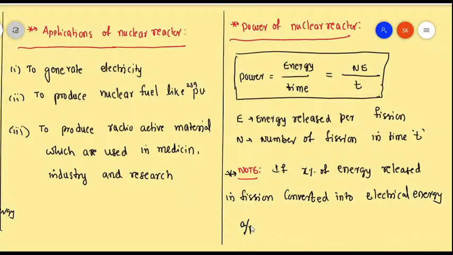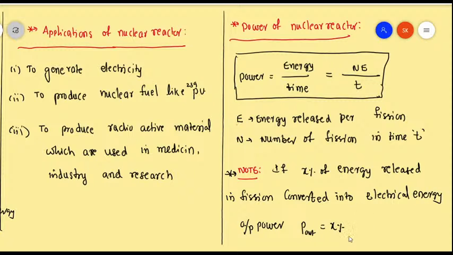Output power, we write as P out. Okay, then P out is equal to X% of total power, right? Only X% is converted into electrical energy.